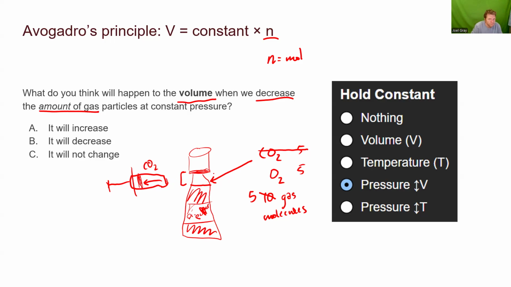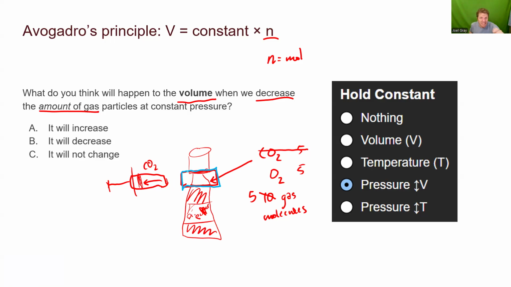When we've removed 5 molecules, half of the gas in this space right here, let me change colors because I really want to punctuate and accentuate this. In this space right here, that previously was just CO2 and O2, but now we've removed the CO2.